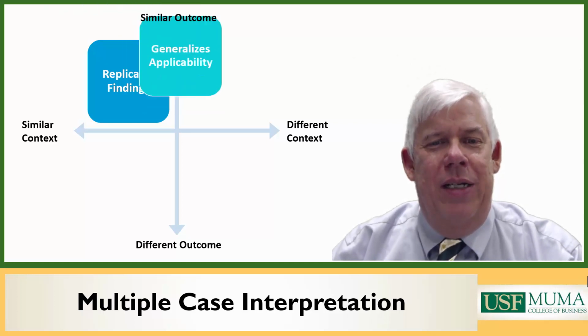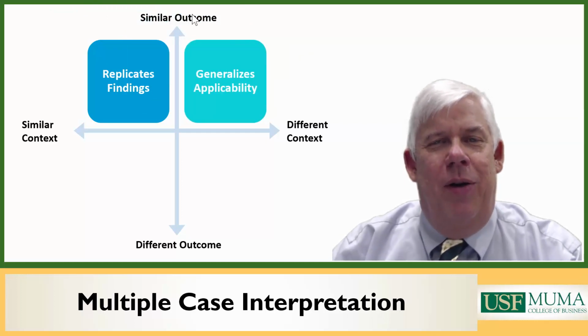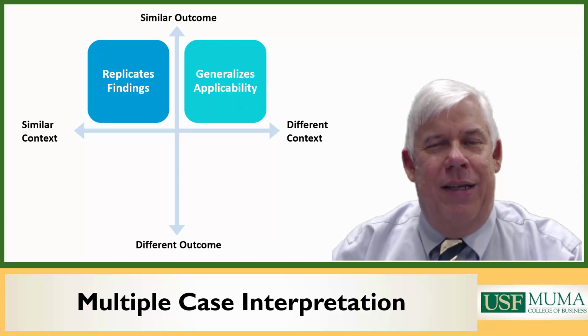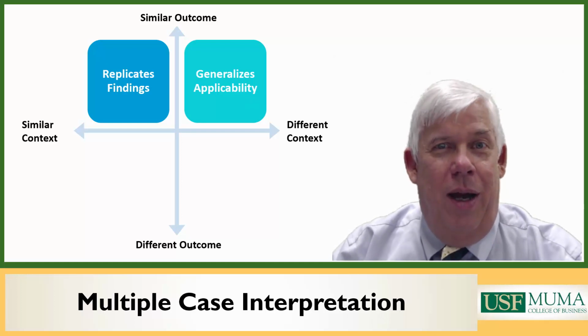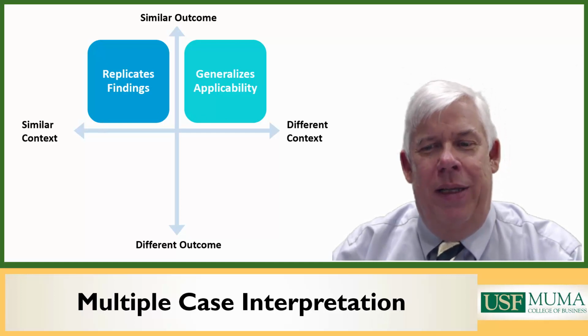Now, another case we could have is where we get a similar outcome in a very different context. That suggests that our research might be relatively generalizable, since it is not heavily dependent upon the original context.